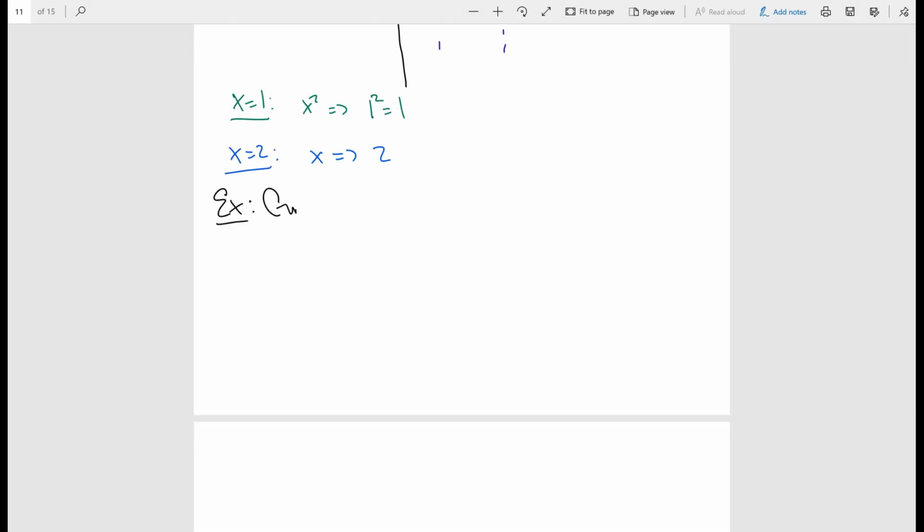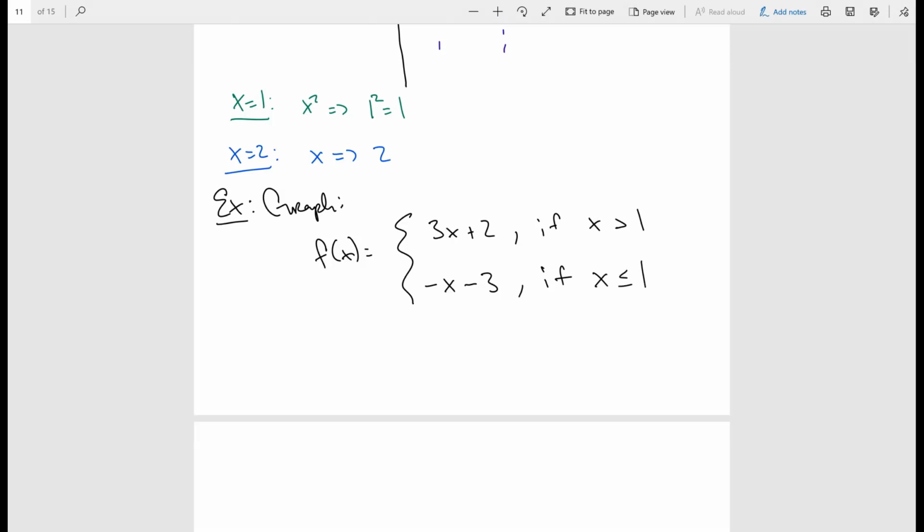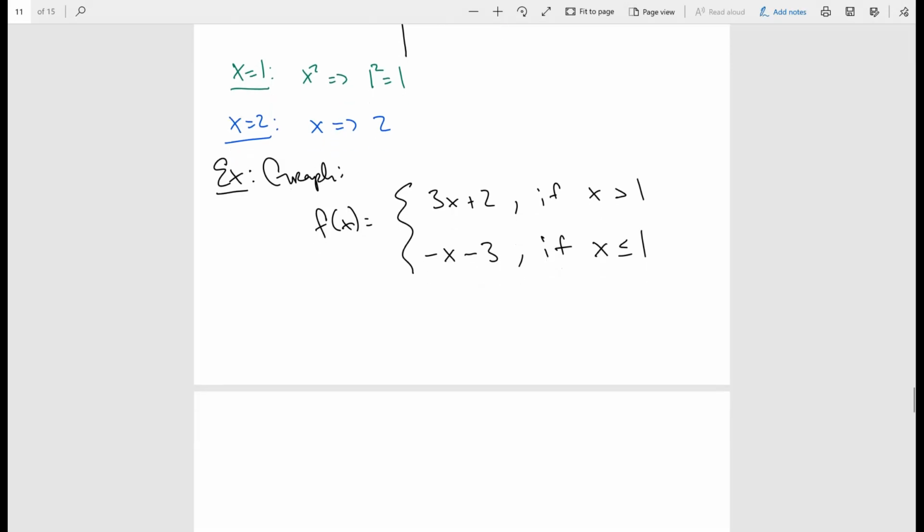So let's say we want to graph this. Okay, so let's say we have something that looks like that. Now, the good thing about this is that they're both lines, so you don't have to worry about curving it or anything like that.